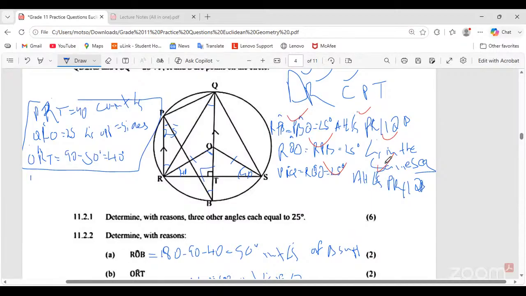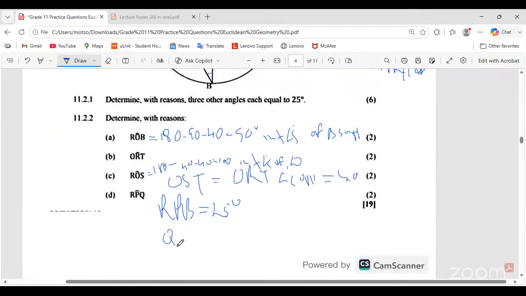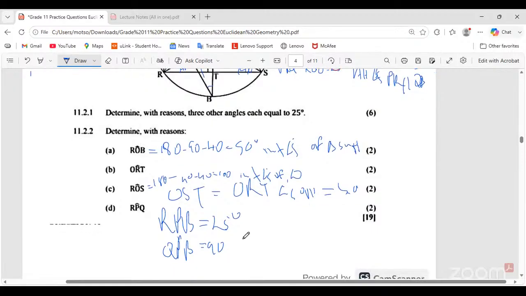Which is here. So if this angle is equal to 25, angle QPB is equal to 90 degrees. We mentioned that when we were using the RCPT, that it is angle in a semicircle.